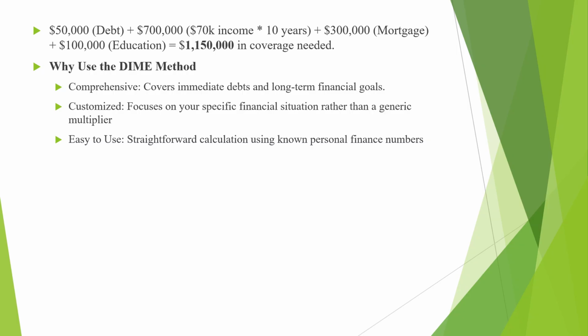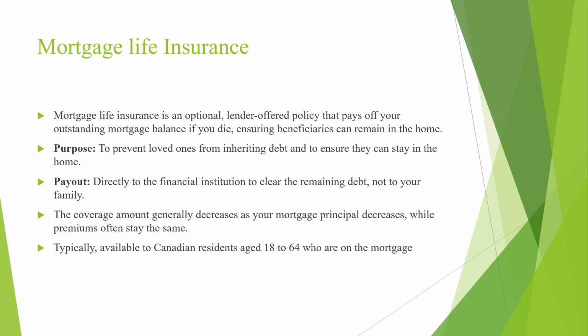Now let's go on to the other insurance, which we call mortgage life insurance, or nowadays people call it mortgage insurance. So what is mortgage insurance? Mortgage life insurance is an optional lender-offered policy that pays off your outstanding mortgage balance if you die, ensuring beneficiaries can remain in the home.